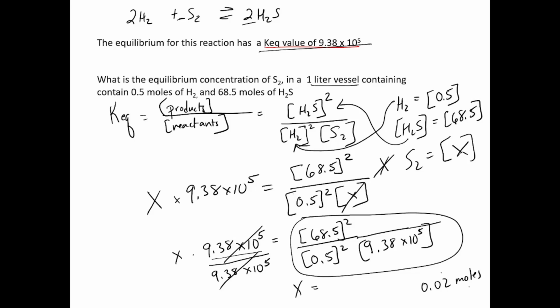They'll leave you with one unknown. You have to write out your equilibrium expression for that particular reaction. Then you're going to substitute in the numbers which they've given you so that you can solve for the number that they're asking you to find.